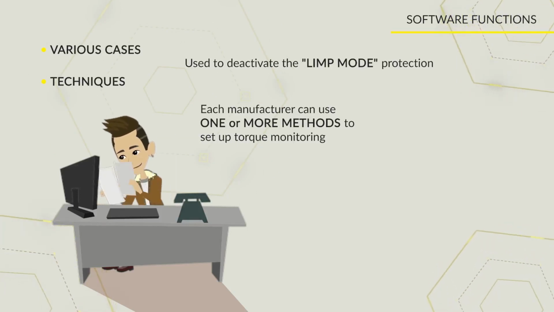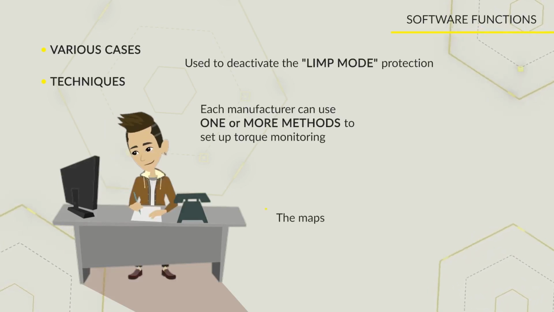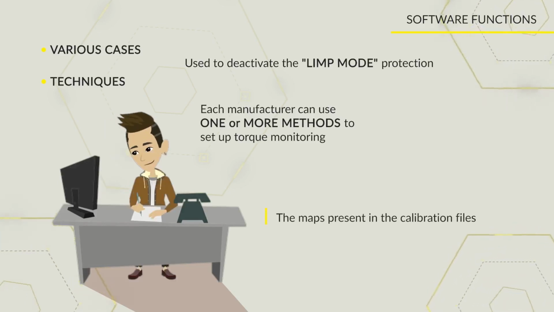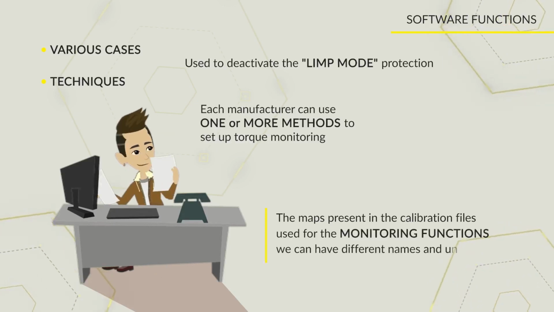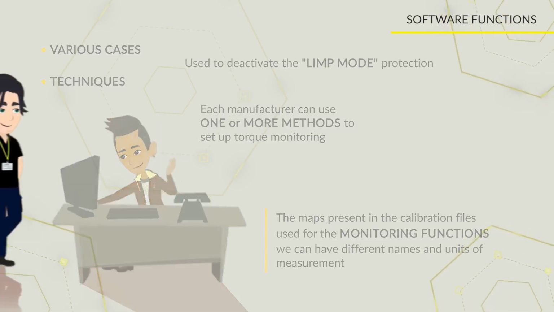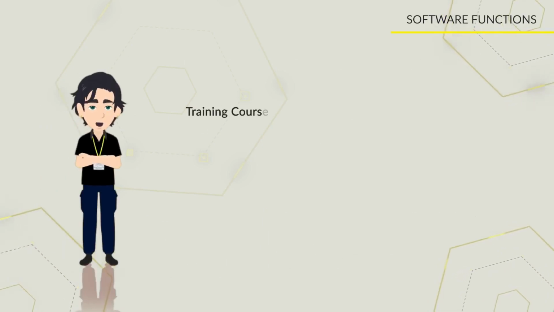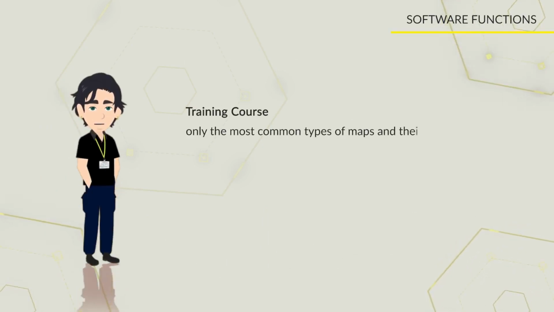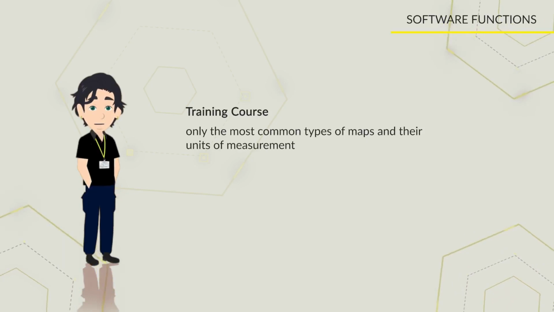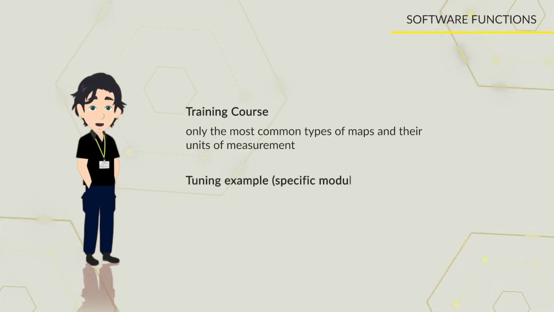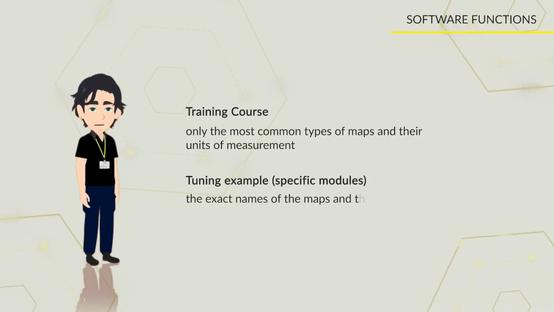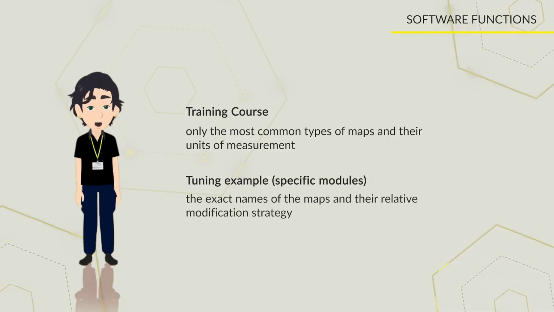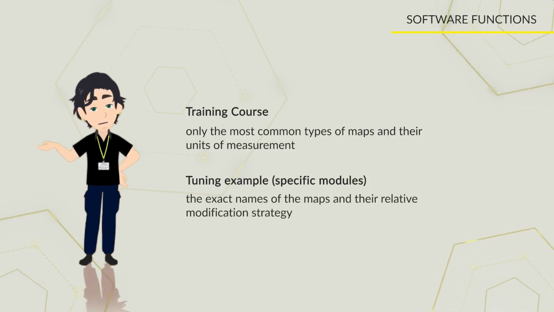Based on this information, it is easy to understand how the maps present in the calibration files, which are used as a reference for the monitoring functions, can have different names and units of measurement. In this video, we will only deal with the most common types of maps and their units of measurement. While in the specific modules of each training course for turbo diesel vehicles, the exact names of the maps that need to be modified and their relative modification strategy will be indicated.